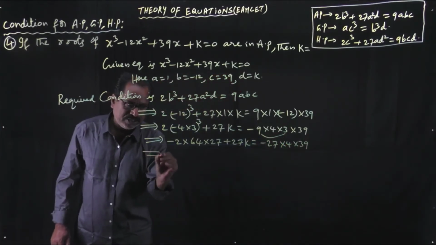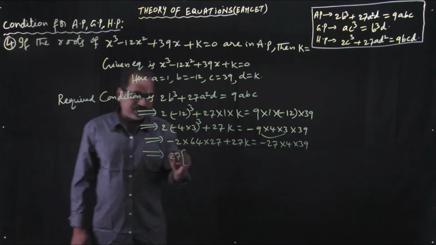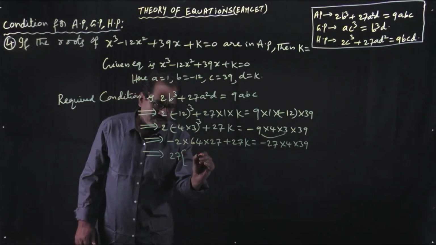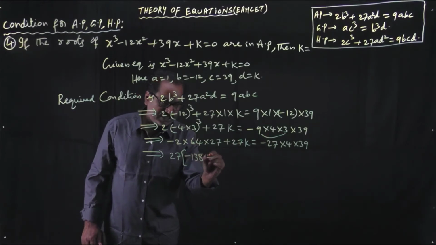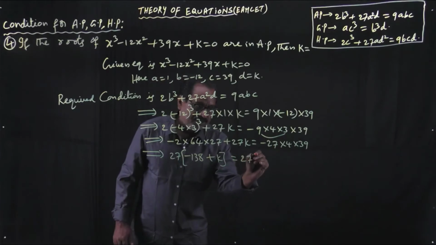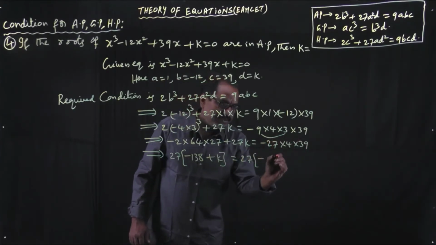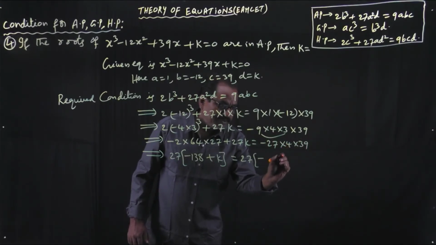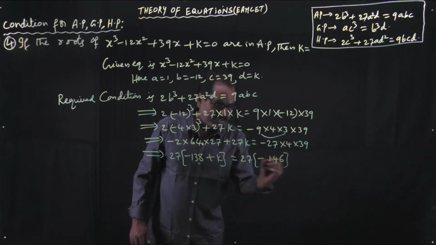So here 27 is a common factor. 27 into minus 8 into 8 minus 138 plus k is equal to 27 into minus 4 into 39, which is minus 156.